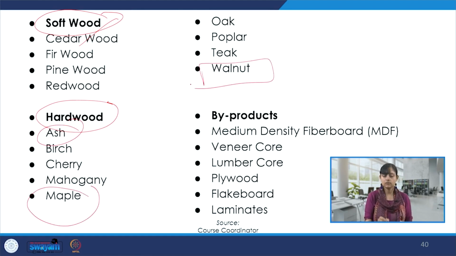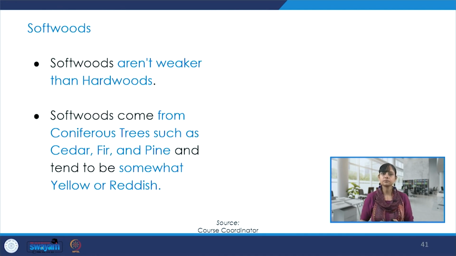We see the timber like walnut, teak, oak, all of these. And I was just talking about byproducts and less reliance on the natural timber, and hence we find in the market products like MDF board, HDF board, veneers, laminates, particle board, lumber board, all of these different products that you would find in the market.